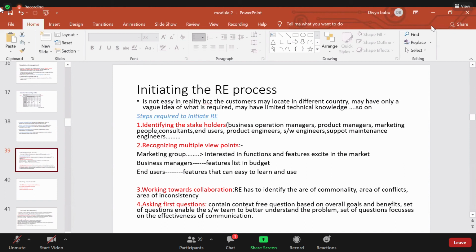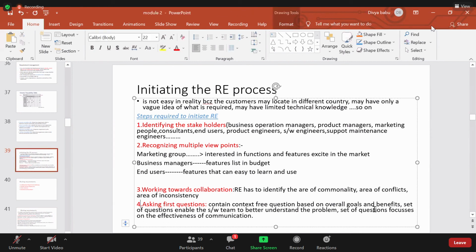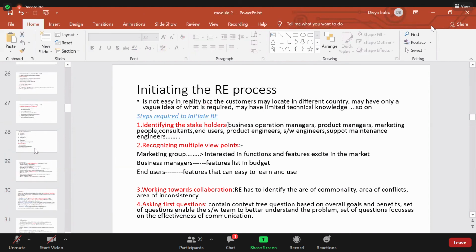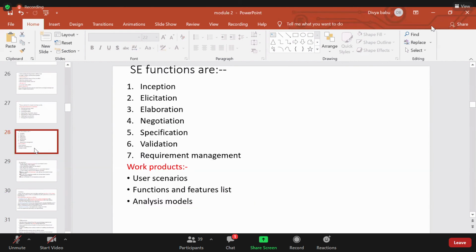Then only can you go for inception, elicitation, elaboration, negotiation, specification, validation, and requirement management. These are the steps for requirement engineering functions.